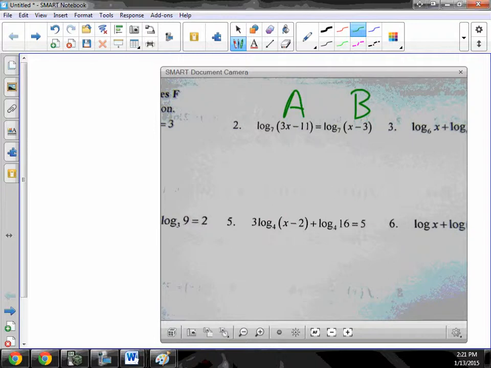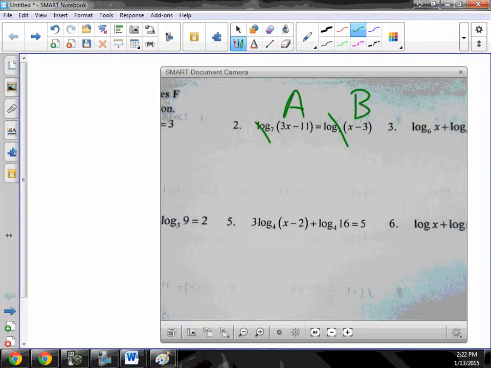They're the same, and they're both base 7. If we do log base 7 of A and log base 7 of B, then really all we need is A equals B.